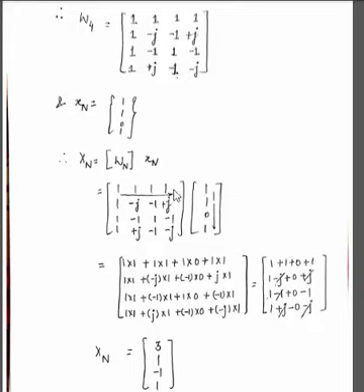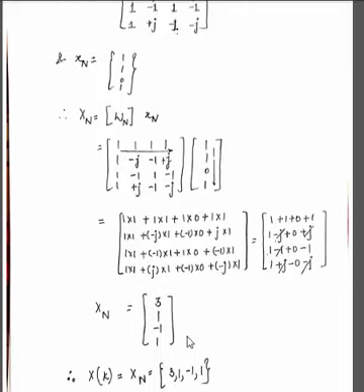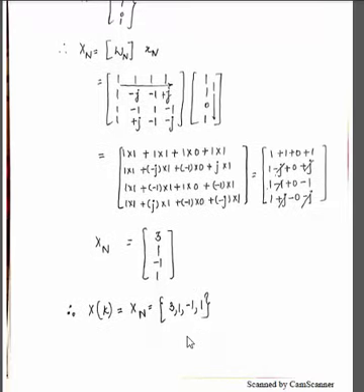So we have to solve this matrix by using the first row and first column, then second row, first column, third row, first column, and so on. By multiplying and adding, we have obtained the value of the DFT, that is 3 1 1 1. That is the DFT of the input sequence 1 1 0 1. So it is the DFT of x of n in matrix form, and the sequence will become 3 1 -1 1.